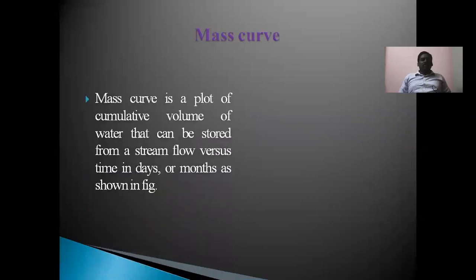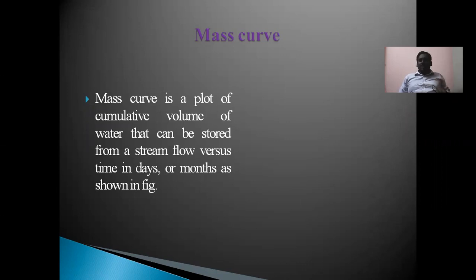Mass curve is a plot drawn between the cumulative volume of water that can be stored from a stream flow versus time in days. That means simply the cumulative volume of water stored in the reservoir with respect to the time.